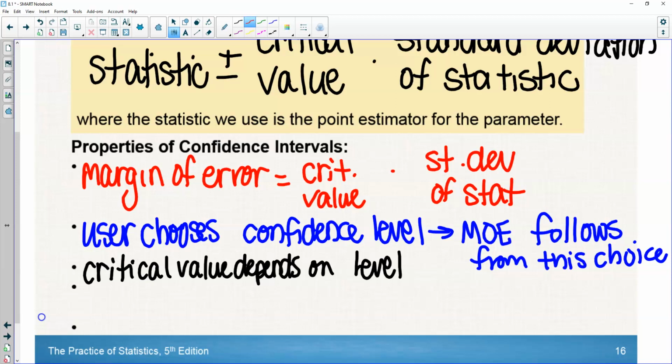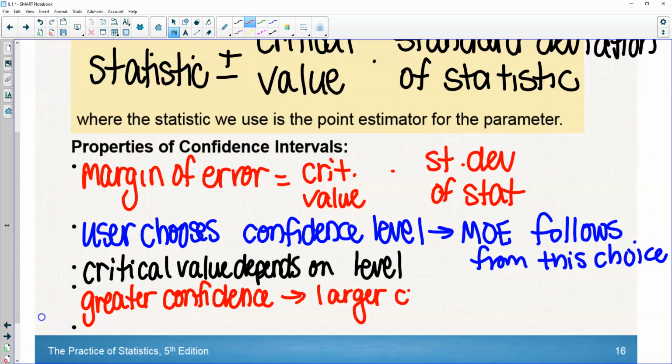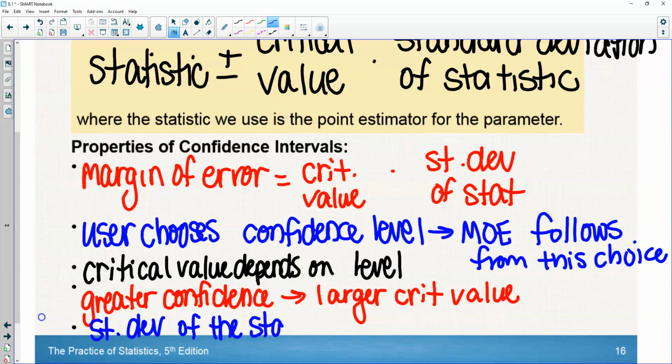As I mentioned, the greater the confidence, the larger the critical value. And the standard deviation of the statistic depends on the sample size.